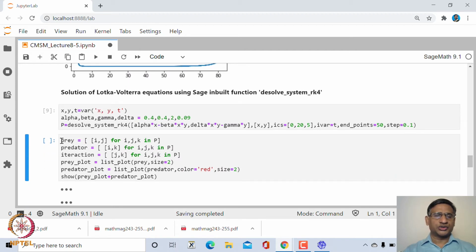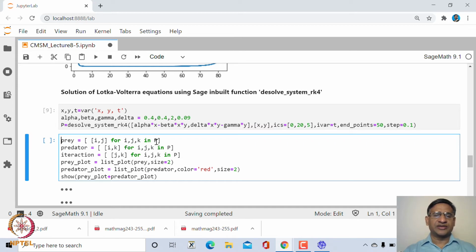Let us store the preys as list of x j, list of i comma j, where i j k will vary in p. If you look at p, it is going to give you the x i values of preys, y i values of predator, and the t values, right.